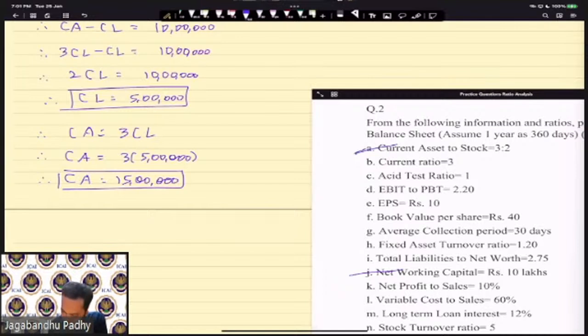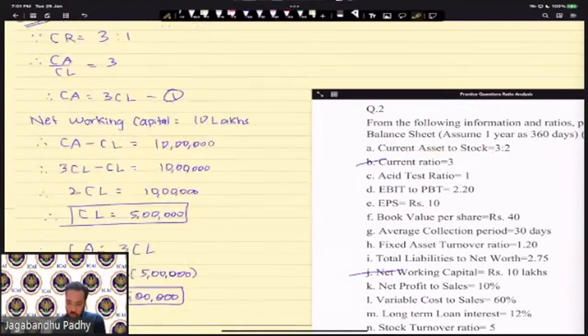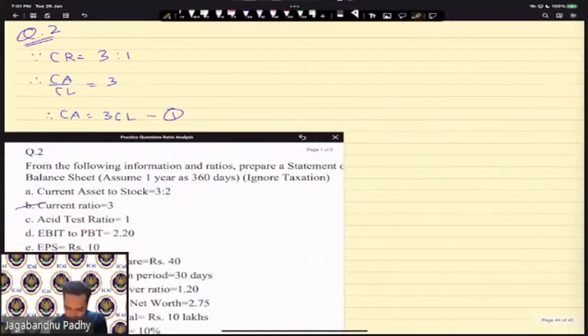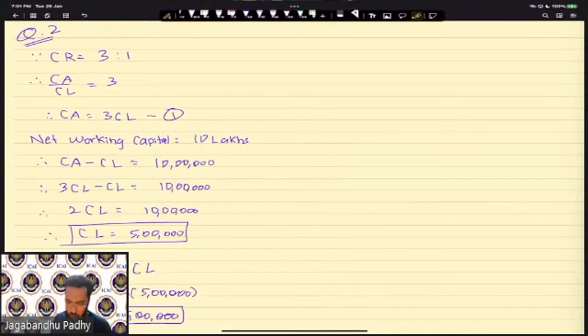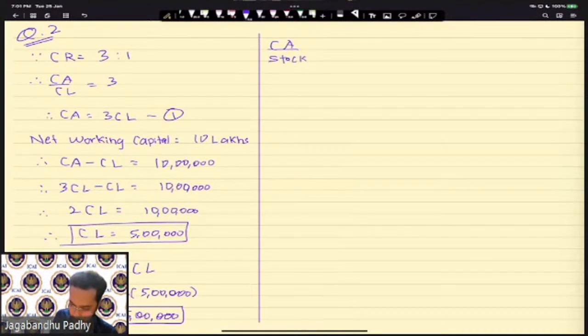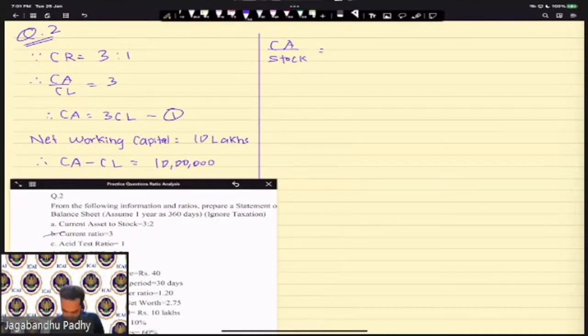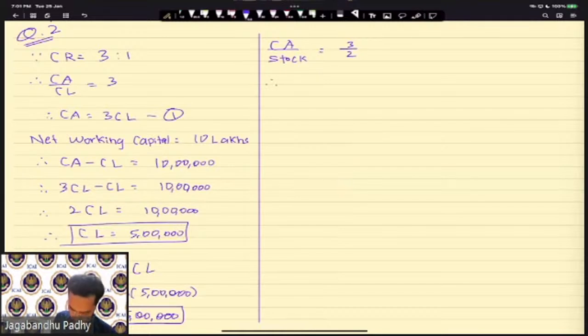Now let's look at the current asset to stock ratio, which is given to us to be 3:2. Current asset we got is 15 lakh, and current asset upon stock is 3:2.